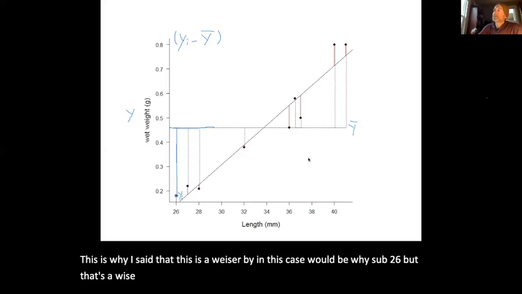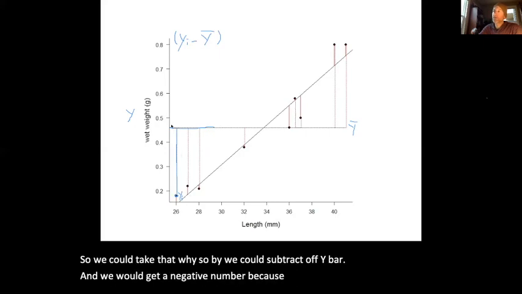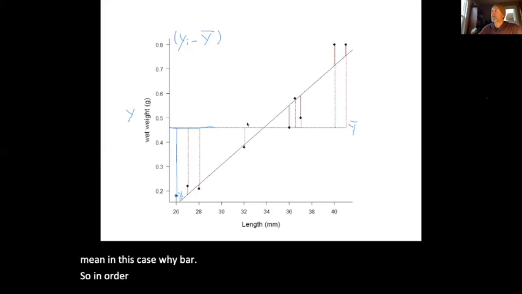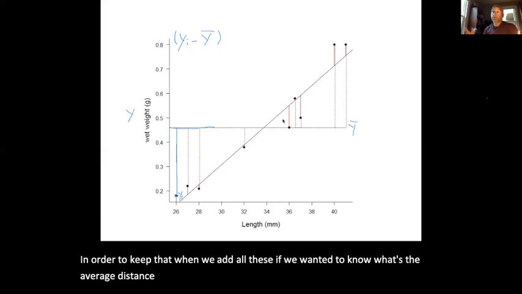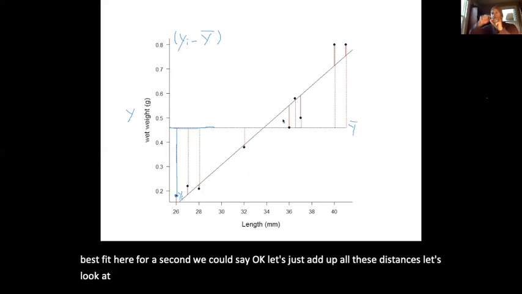So we could take that y sub i and subtract off y bar, and we would get a negative number because y sub i is smaller than the mean, in this case y bar. So if we wanted to know what's the average distance, for example, of a point from its mean, and we'll ignore the line of best fit for a second, we could say, okay, let's just add up all these distances. Let's look at all the distances of the individual black points from the mean, and add them all up.